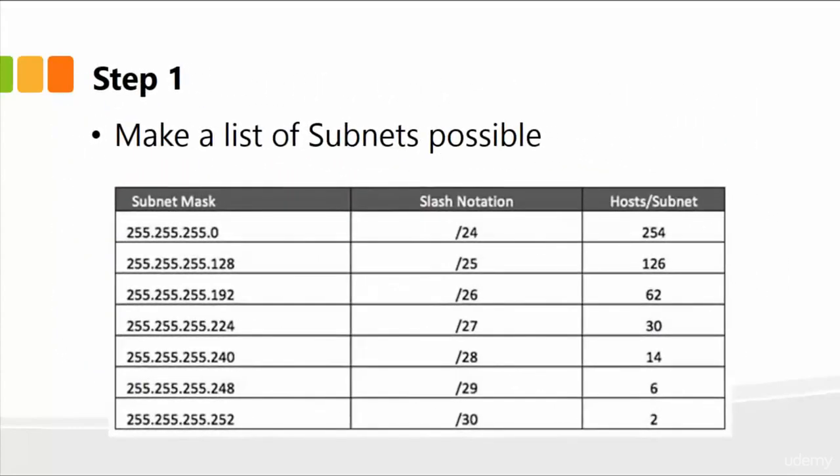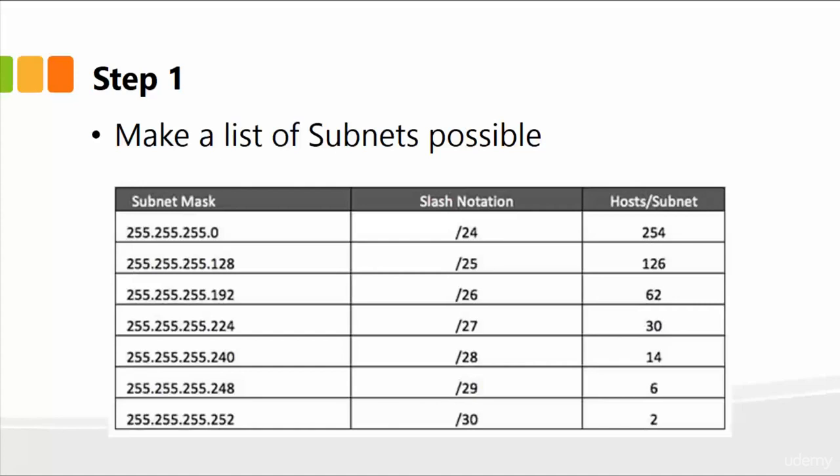Here's step 1. First step is to make a list of subnets possible. So the given subnet mask starting from 255.255.255.0, and the notation of course is /24. That's where we started from. The number of hosts can be 254. Similarly, we are going to go ahead and also create 255.255.255.128.